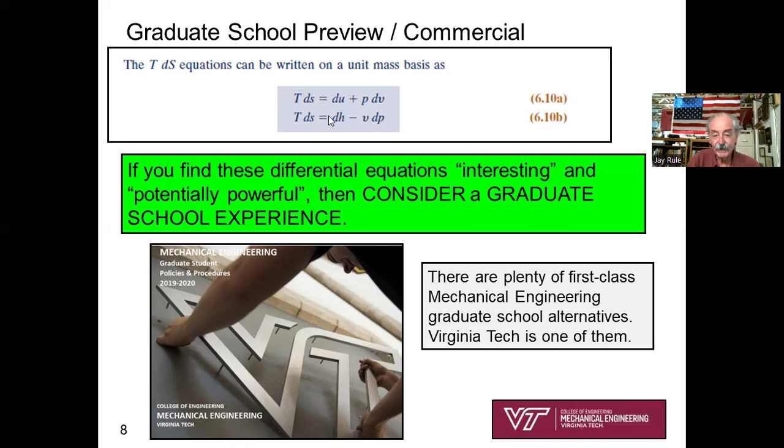If you find these interesting and you find the mathematics interesting, that's a good signal that you may be interested in hanging around for a master's. Recognize there's plenty of first-class mechanical engineering graduate school alternatives, and Virginia Tech is one of them. I highly recommend it. I greatly enjoyed and benefited from my master's level graduate school experience at Virginia Tech. But if you find this differential equation mathematical solving interesting, graduate school is something to consider.